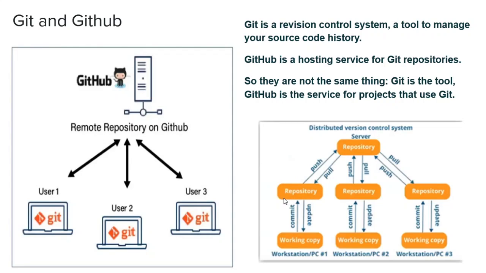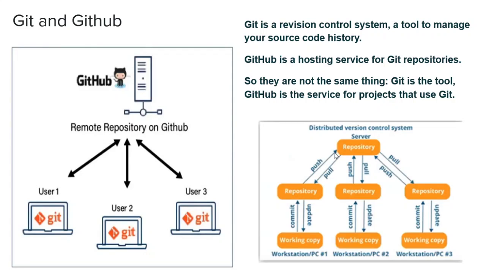From the local repository, they can push the code to the remote repository, that is the distributed version control system server. That is the GitHub repository, a remote repository. And if someone wants to get the code from the remote repository into their local system, they can pull the code. So this is the flow.